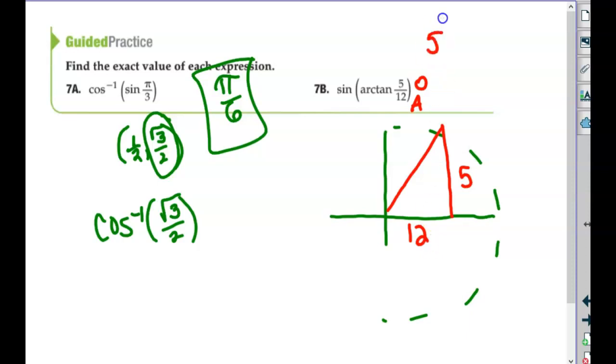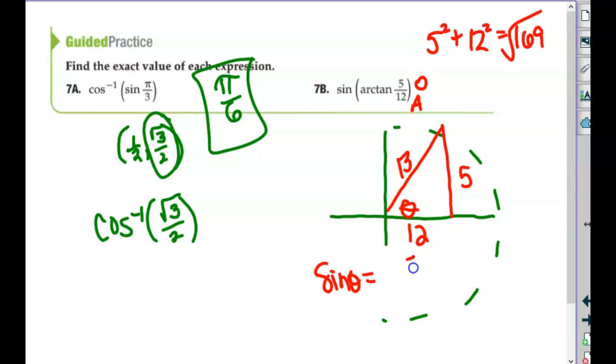If I do Pythagorean theorem, I get 169, so the square root of that is 13 here. And then it wants the sine, which would be opposite over hypotenuse. So I need the sine of this angle that we just drew. So 5/13. We good?